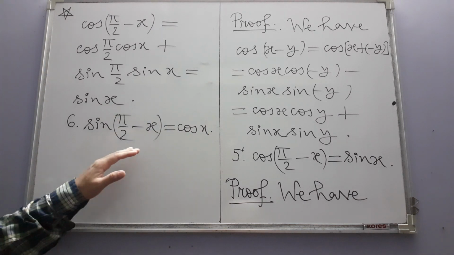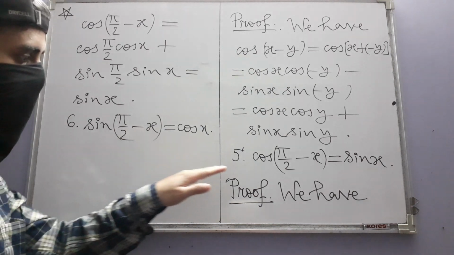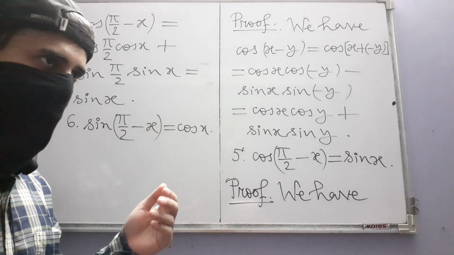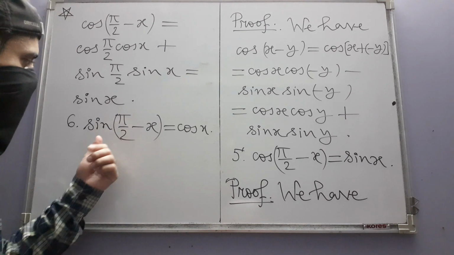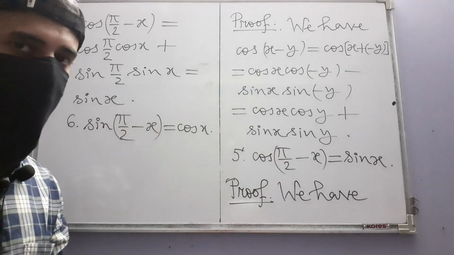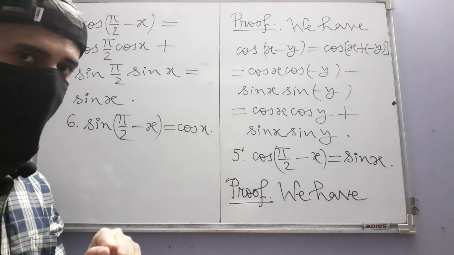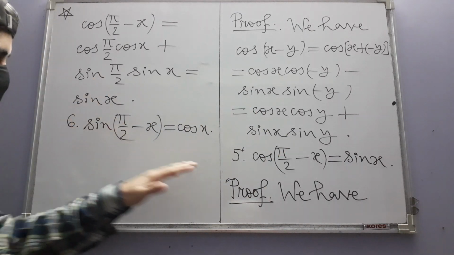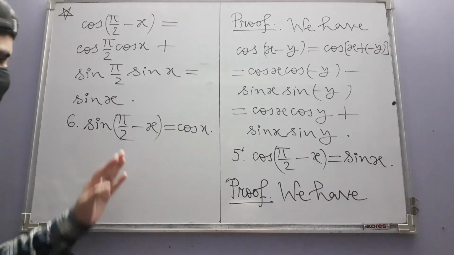Now you see that if you straight away go for proving this one in a similar manner, in the beginning itself you have to stop because you do not have a formula for sine of x minus y. In fact, that's what we want to have, and these are some things that we are doing to get to that. So then what do we do?